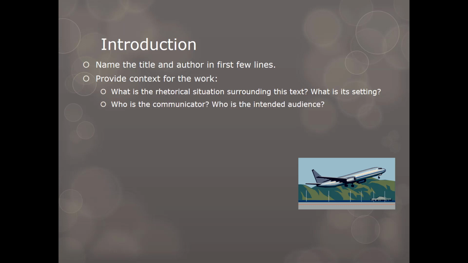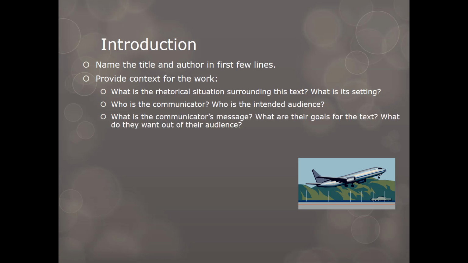Who is the communicator? What do we know about this author? And who is their intended audience? Also with that is, how do you know that's their intended audience? What about the text, its placement, its language tells you that this is who you think they're going after?